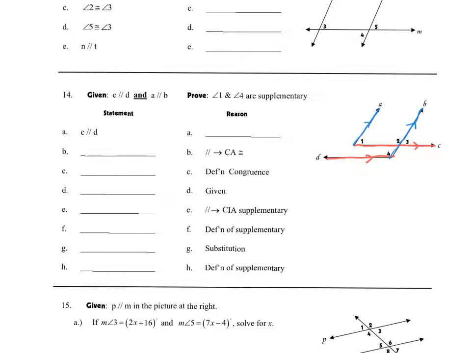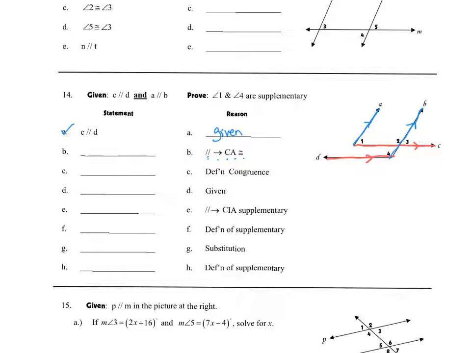Okay, so we're going to start here with our statements. The first one, that we have line C parallel to line D, that is given information. And if we look at what's next here, the reason that we're given is that parallel lines imply that corresponding angles are congruent.